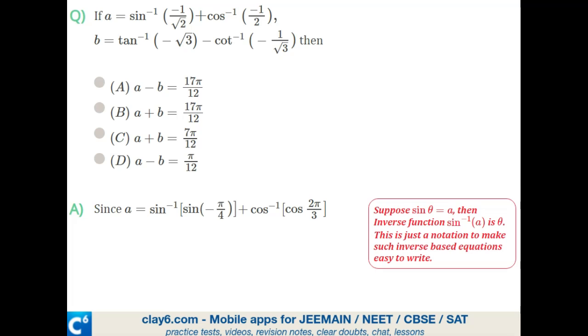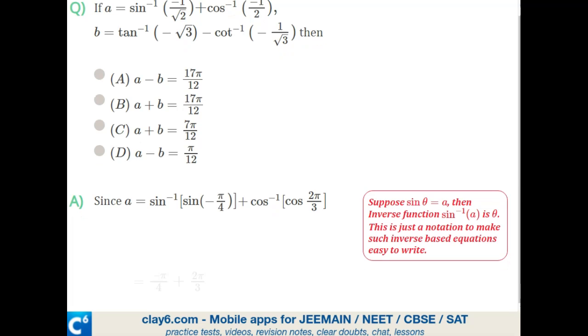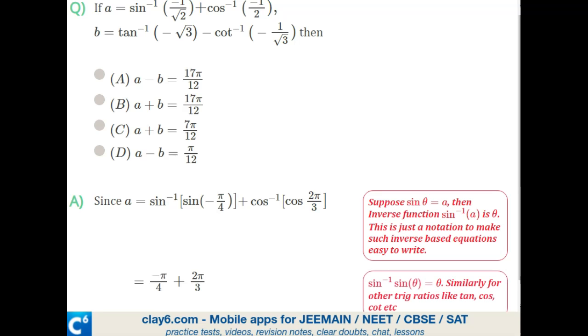And the key here is identifying whether that value can be used to represent an angle, because we would know that sine inverse of sine theta is theta. So the key is to use this concept that sine inverse of sine theta equals theta. That is what we have exactly done here.